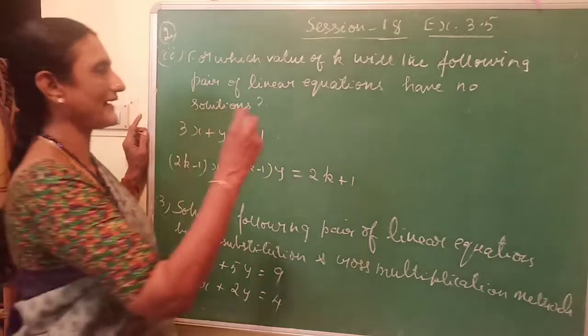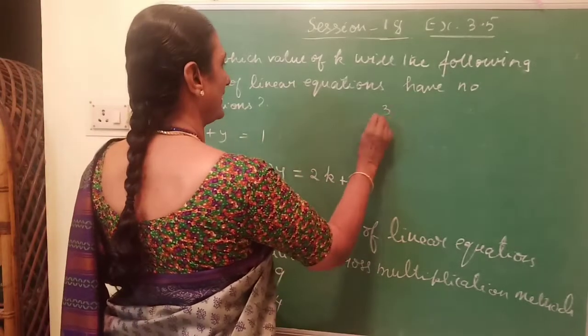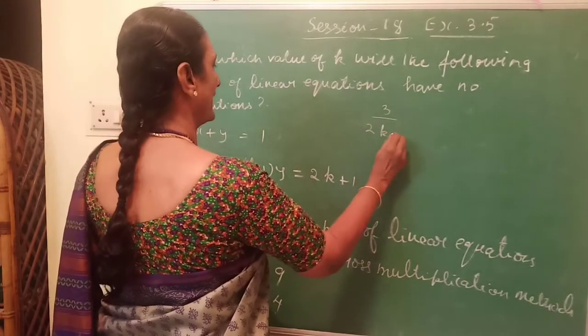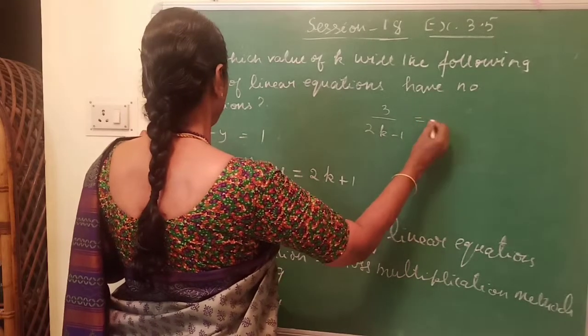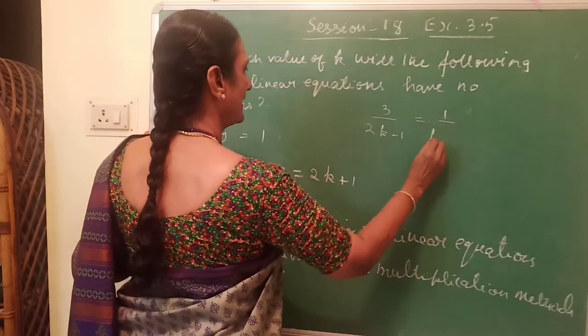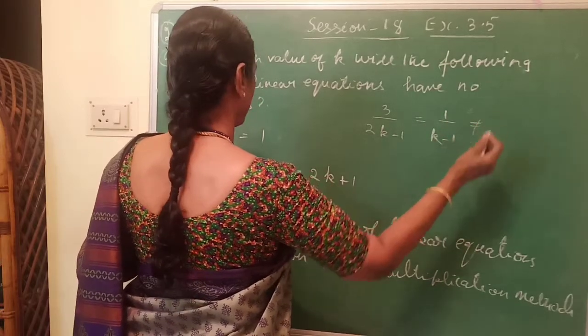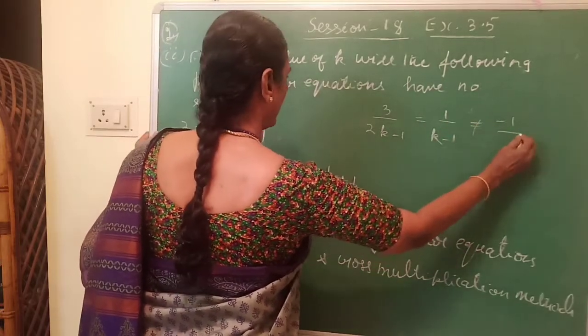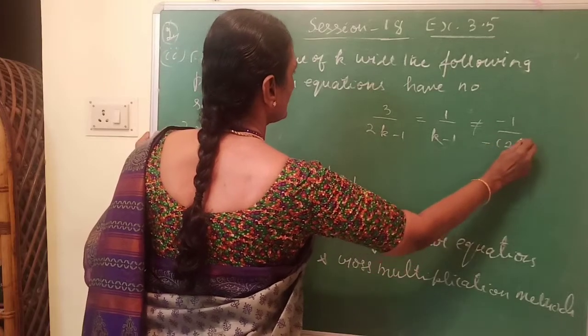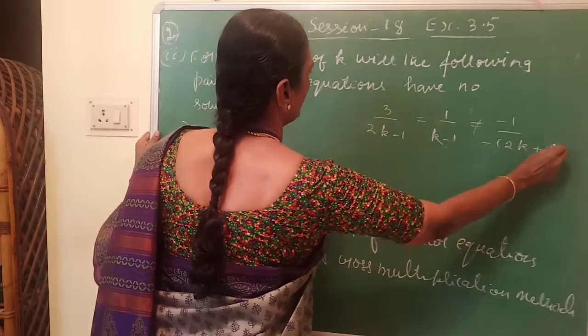So we will write like this: 3 divided by 2k minus 1 is equal to 1 divided by k minus 1, but that is not equal to minus 1 divided by minus of 2k plus 1.